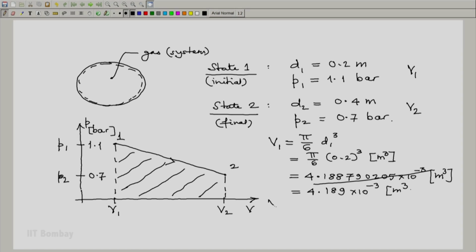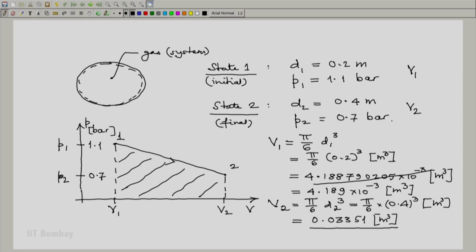In a similar fashion, V2 will be pi by 6 d2 cube, which will be pi by 6 into 0.4 cube meter cube, and which we will note down as 0.03351 meter cube.